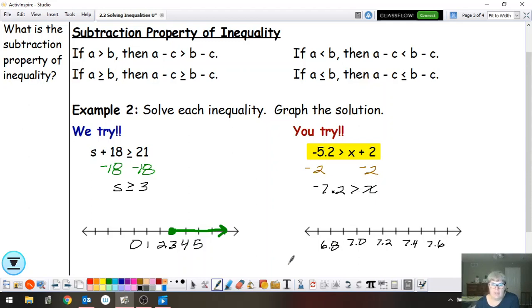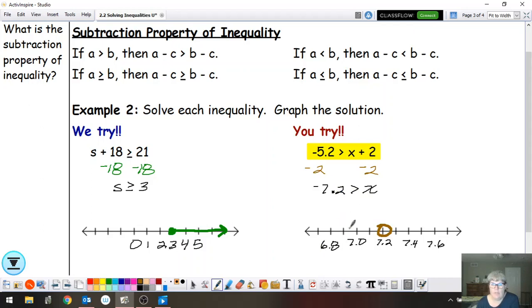This is not equal to, so this will not be a filled in circle. It will be an open circle, but be careful because our variable is on the right side this time, so make sure you're reading it carefully. This is saying our values have to be less than, our values are going to be smaller than negative 7.2.